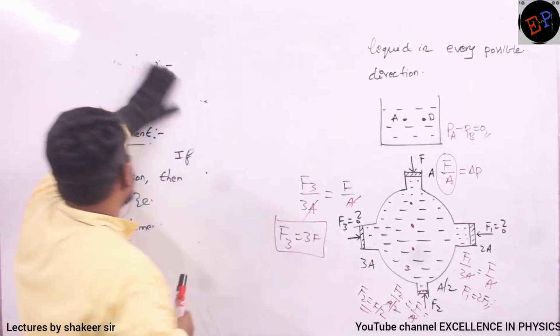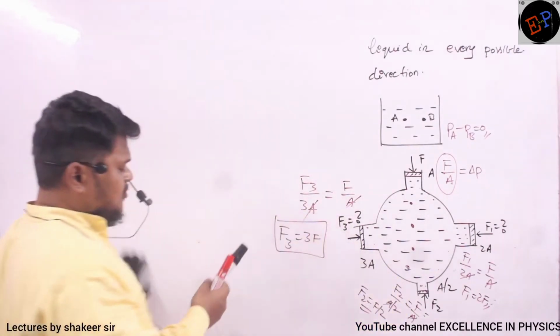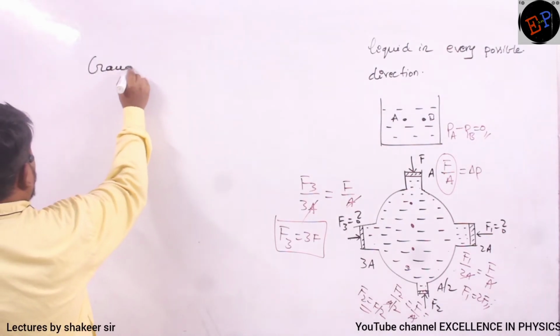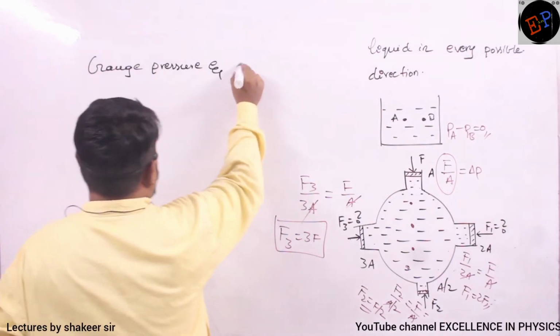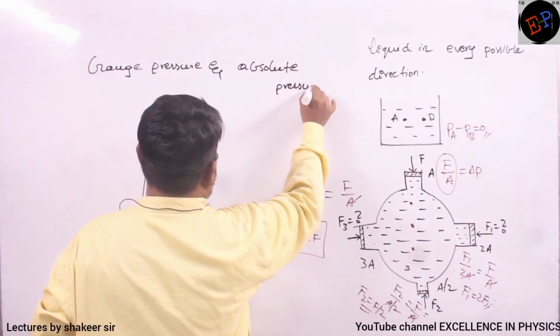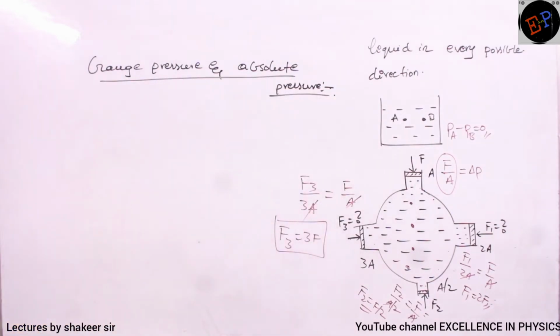Then you will understand. So keep the next section: gauge pressure and absolute pressure. What is meant by gauge pressure?